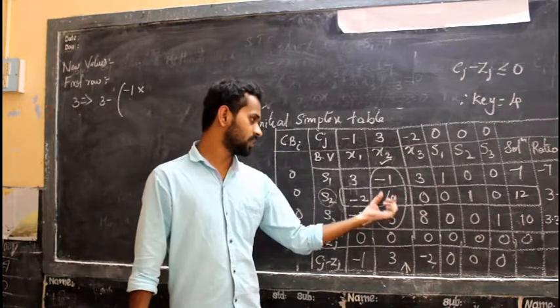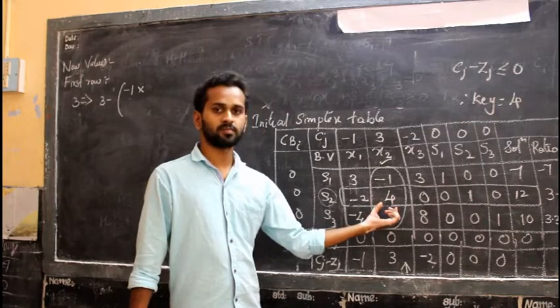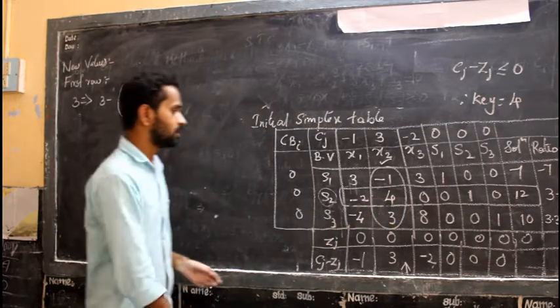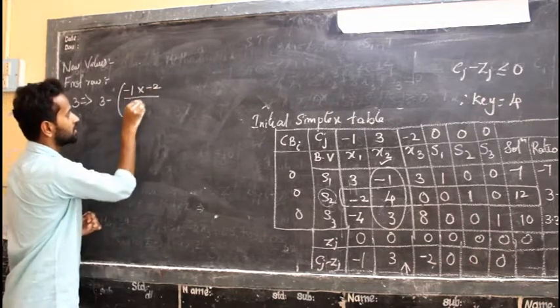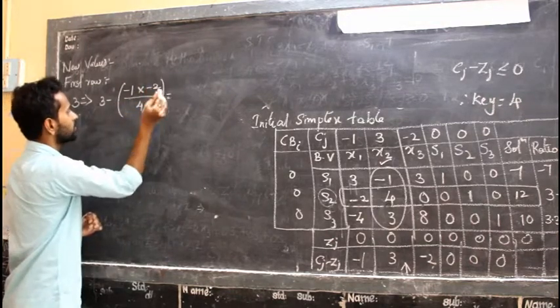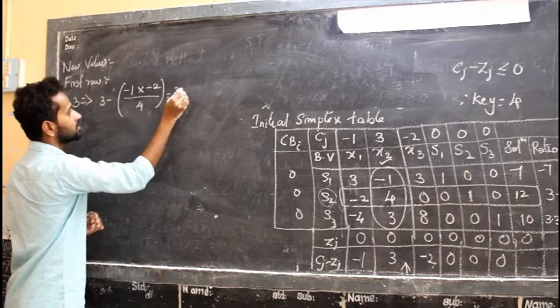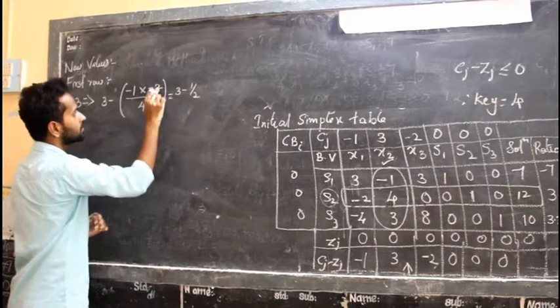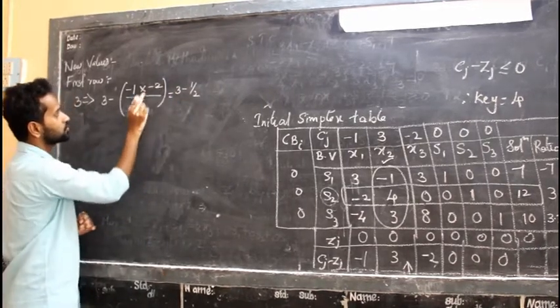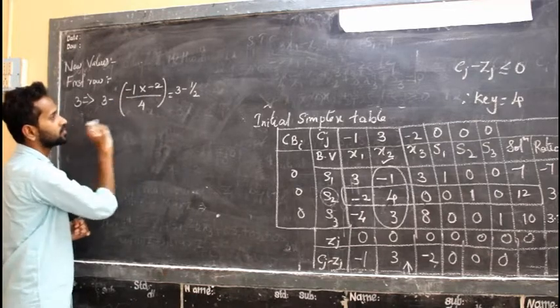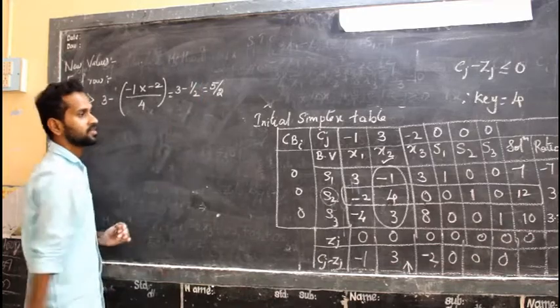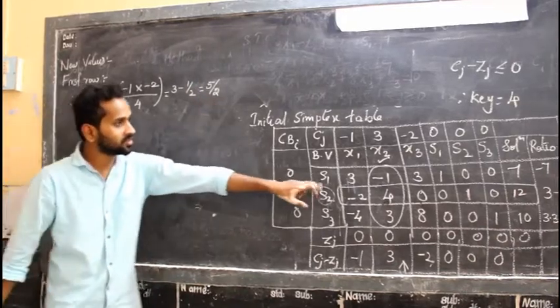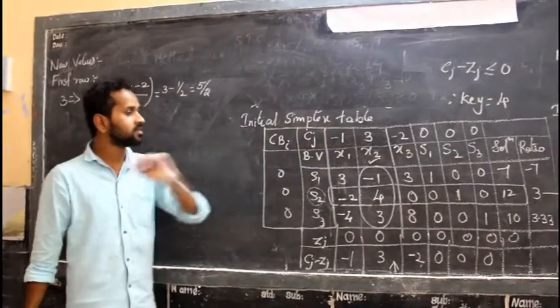Key corresponding column will exist in the key column values. Okay. So now, what is the key corresponding row value? Minus 2. Divided by key value is 4. When I simplify this, I will be getting 3 minus 1 by 2. After simplification, 1 by 2 minus into minus plus minus 3 minus 1 by 2. I will be getting as 5 by 2. Is it clear? This 5 by 2 I need to replace in iteration 1 table in place of 3.